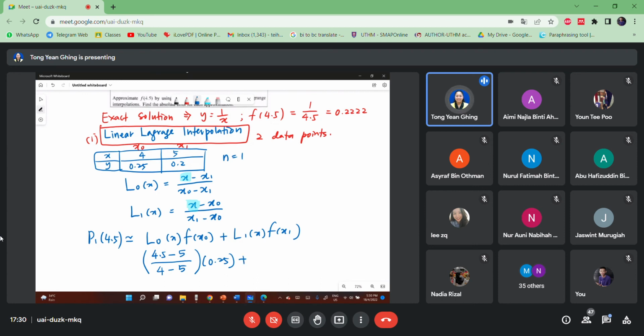Plus 4.5 minus x0, which is 4, divided by x1 minus x0, which is 5 minus 4, times the value of y when x is x1, which is 0.2.